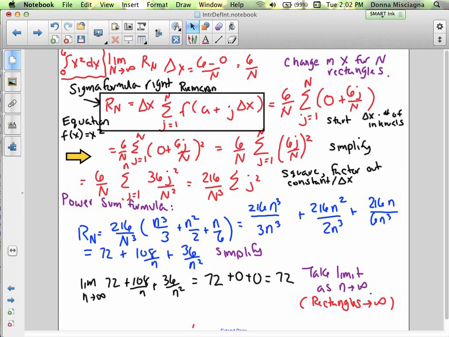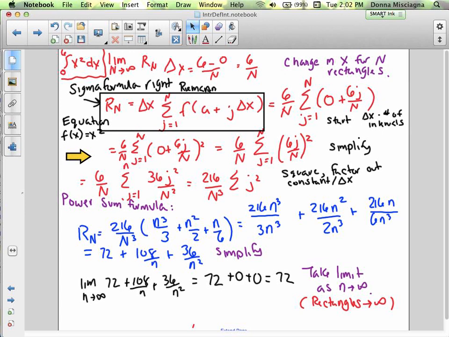So we have the 216/n cubed times, and this was just the formula from the last video, n cubed divided by 3 plus n squared divided by 2 plus n divided by 6. That is replacing the j squared, right? Do switch the values back to the n's. Don't keep the j's, because then you won't be able to combine them. And the n and the j are essentially the same thing.